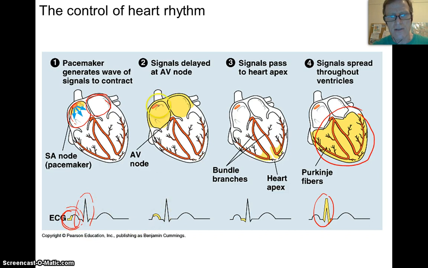Little bump from the atrium, big bump from the ventricle. When we see someone that is flatlined, there's no electrical activity of the heart. Their heart is not beating, and they are dead. They are flatlined. Okay, so that's sort of how our nervous system is connected to our heart, and those electrical sensors, those neurons connecting there, are creating that sensation, the EKG.